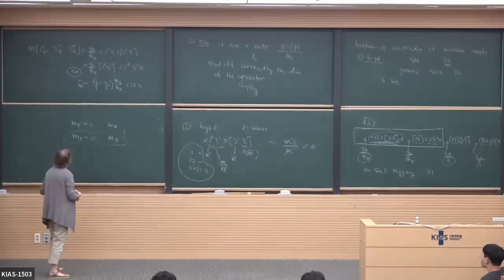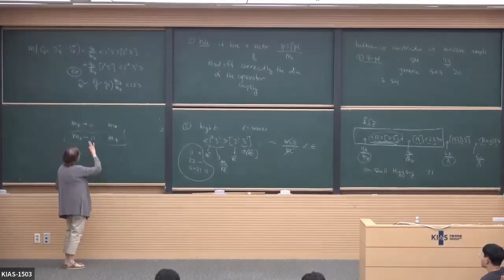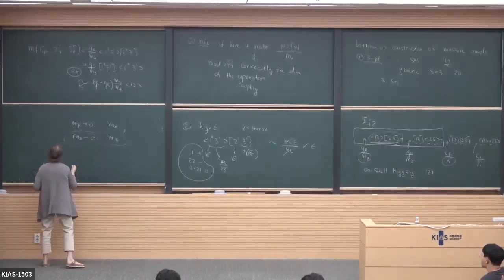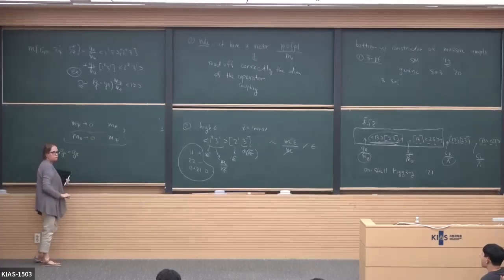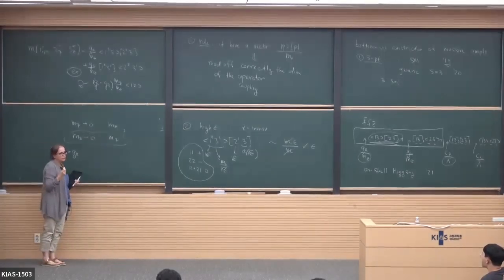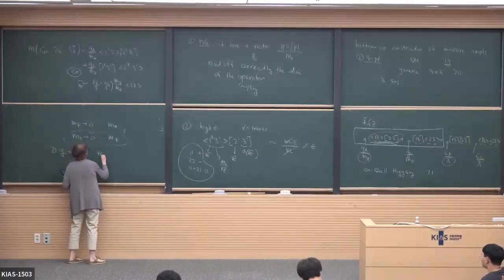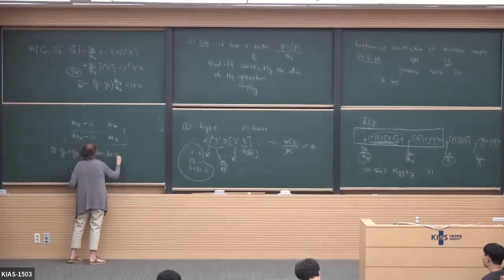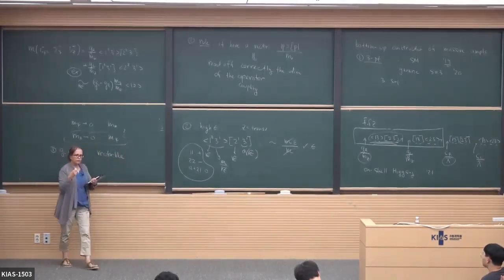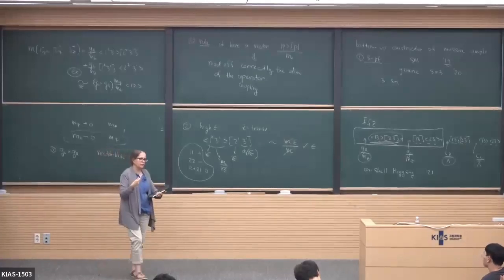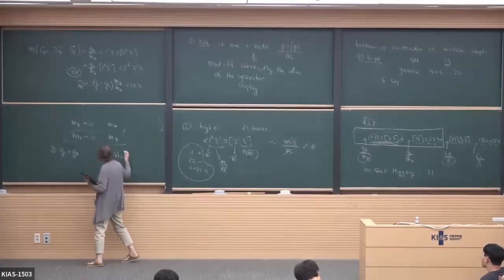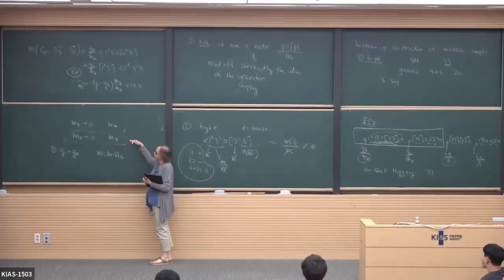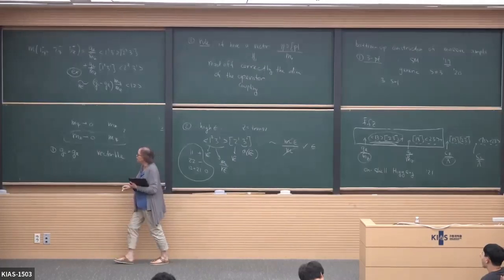So for this thing to be well behaved, there are two options. Option 1 is GL equals GR. That means that my fermion is not chiral. It's a vector-like fermion. That is, I have a fermion coupling to the vector, and the left coupling is equal to the right coupling. That's one option. In this case, there is no condition on the masses. The masses can be whatever they want to be.